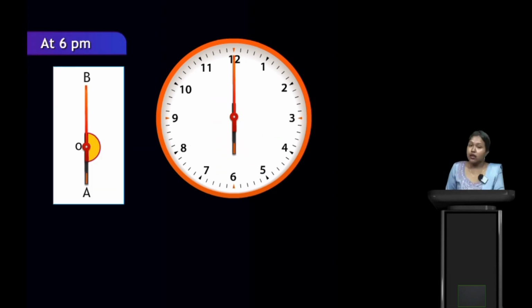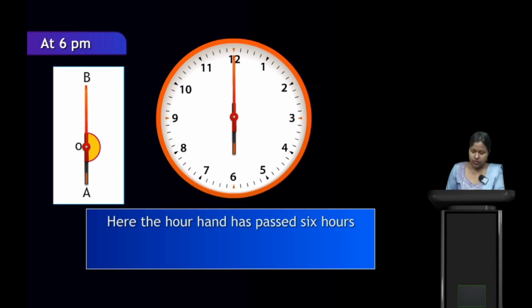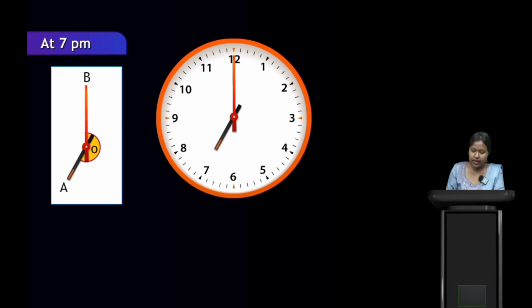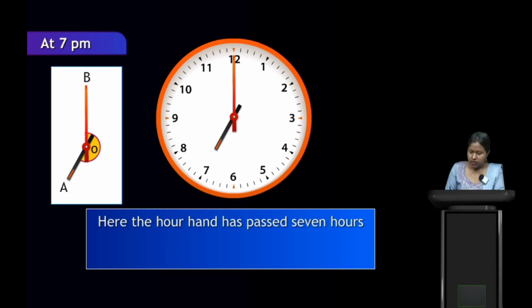Now let's see, it is 6 p.m. Now what would be your answer? How many degrees does it rotate? Yes, exactly. The angle AOB is 180 degrees. How do we calculate? 6 into 30. Now for 7, again the same thing. For 7 hours, the angle would be 7 into 30.